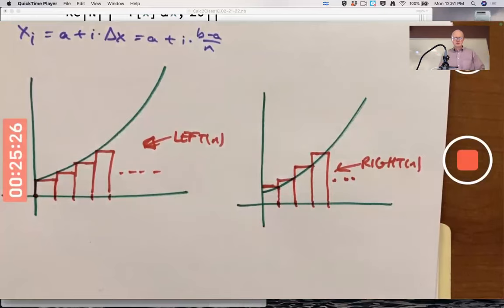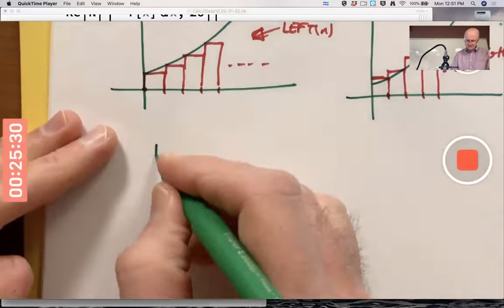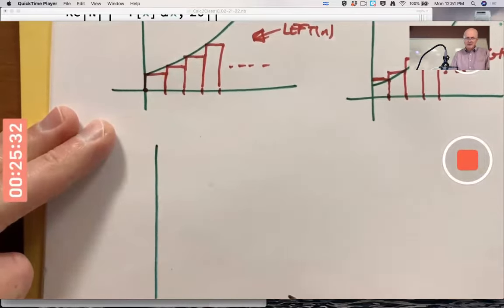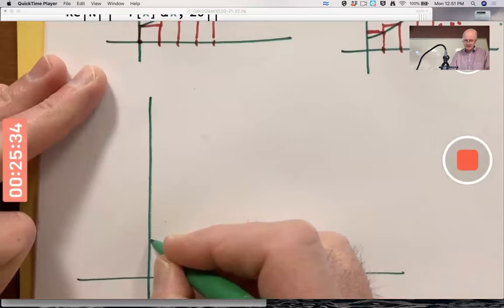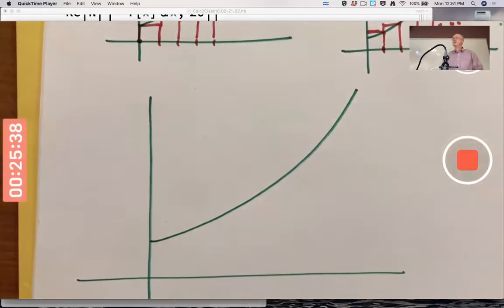How about the trapezoid rule? I'll picture a bit bigger here. What happens with the trapezoid rule? It's the average of the left and right-hand sums.